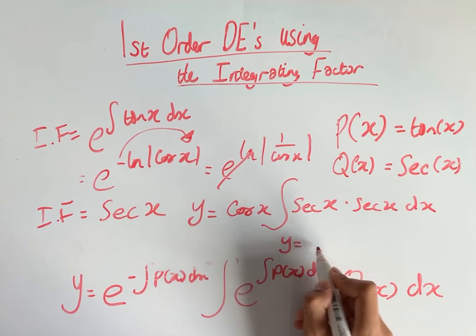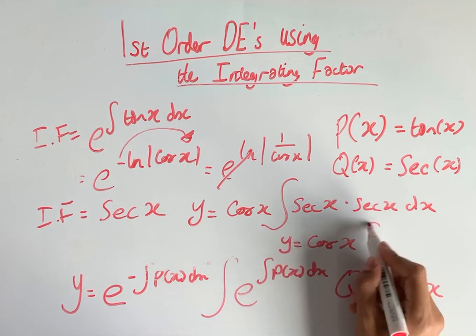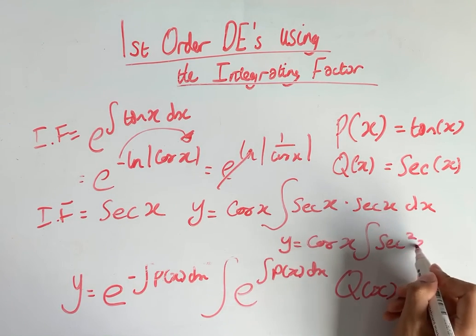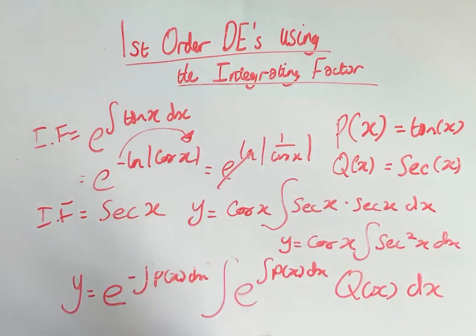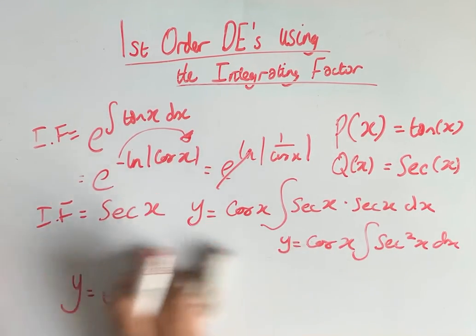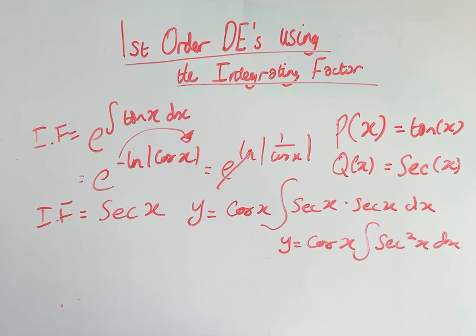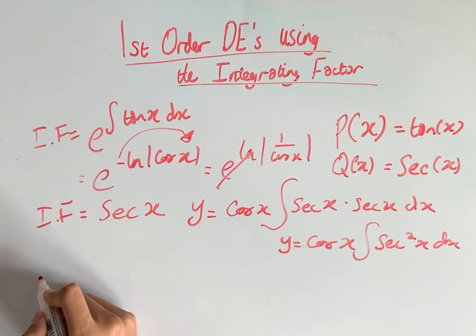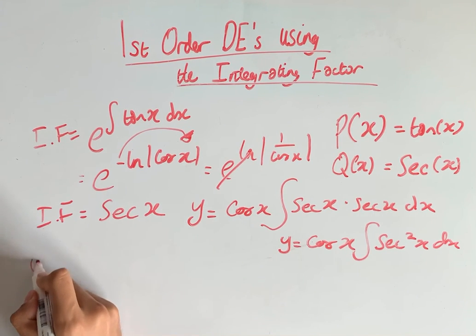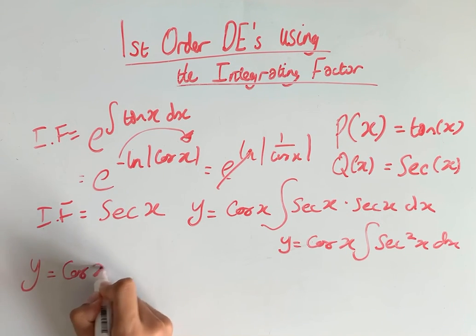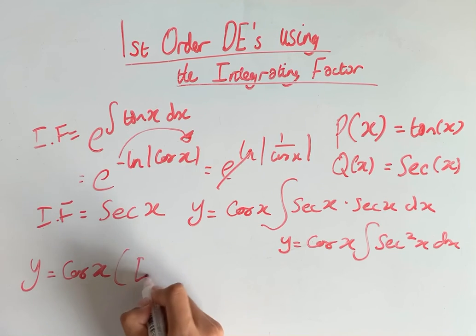So then y is equal to cos x multiplied by the integral of sec squared x dx. And the integral of sec squared x dx, which is a standard integral you should know, is tan x. So y equals cos x multiplied by tan x.